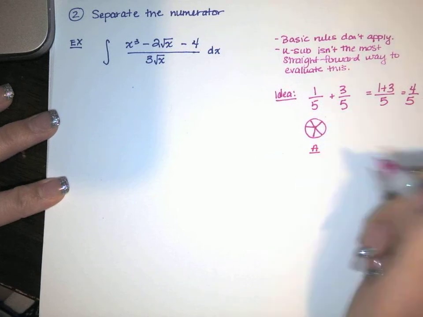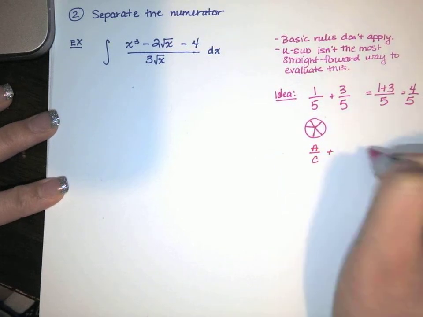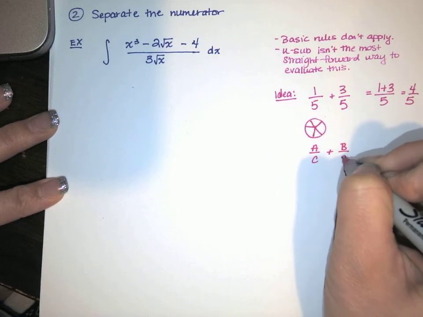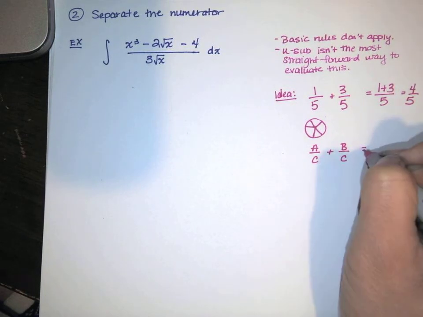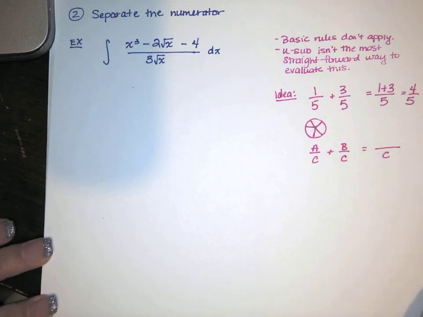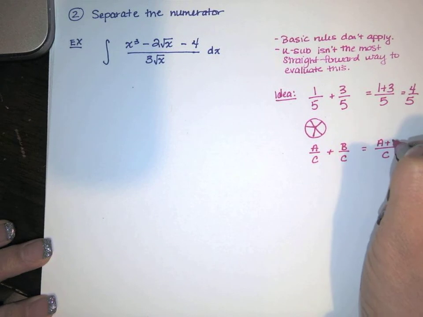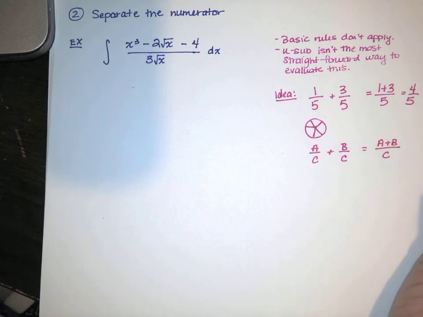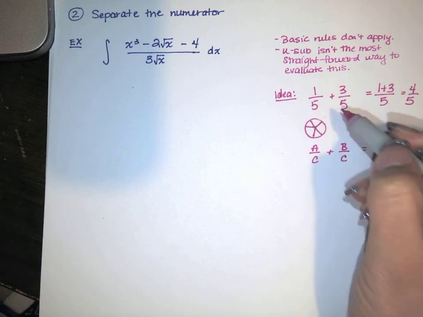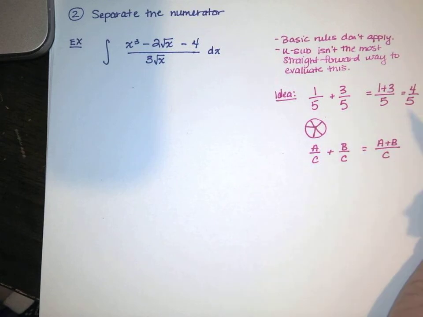So let's say you have a constant over c plus a constant over c, and you want to add these together. Well, the denominators are the same. So we keep the common denominator and we add the numerators. Most of the time when you're in elementary school, or maybe even in a pre-algebra class, whenever you're adding fractions or rational functions or anything like that, if you have a common denominator, you're going in this direction.